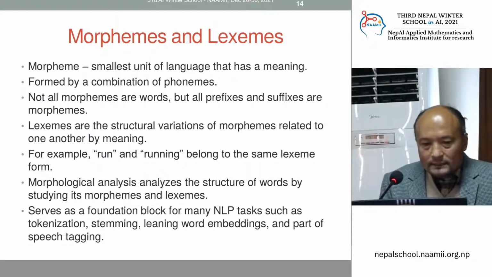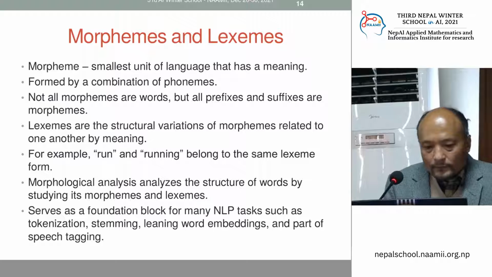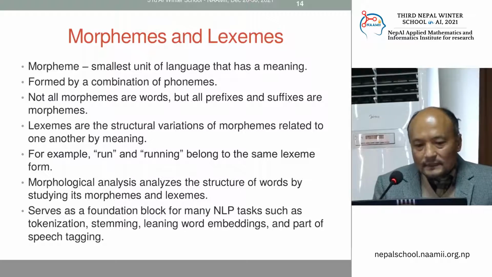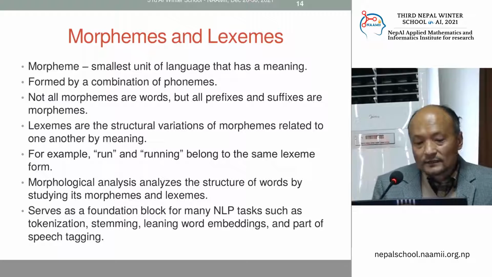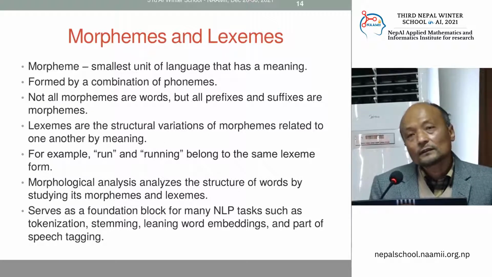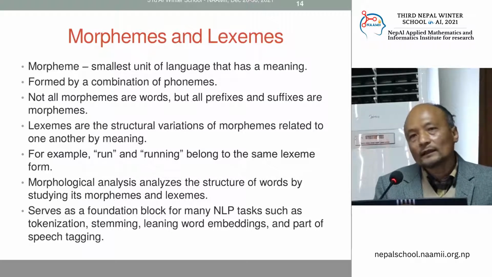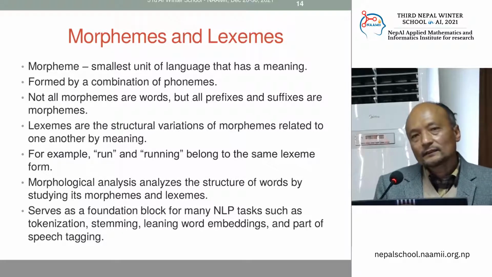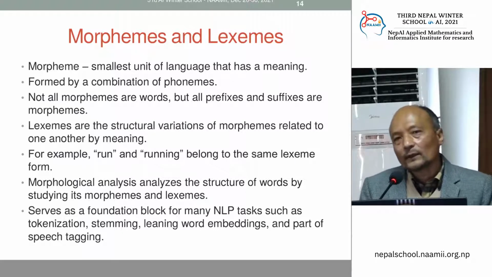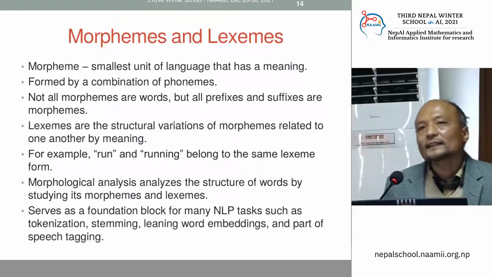So these morphemes and lexemes serve as a foundation block for many NLP tasks such as tokenization. Later on, when we cover the NLP pipeline, we'll be discussing tokenization. In order to do some text processing, you need to tokenize the text. Tokenization at the word level would mean one word per line.